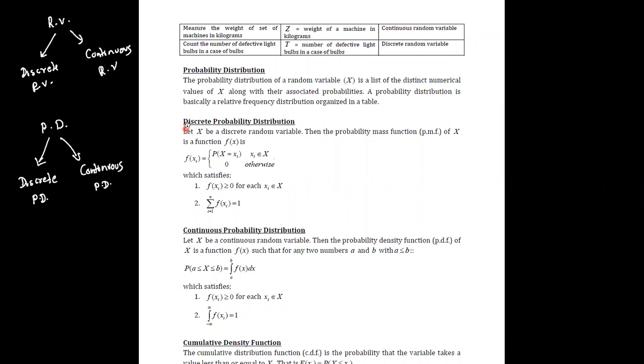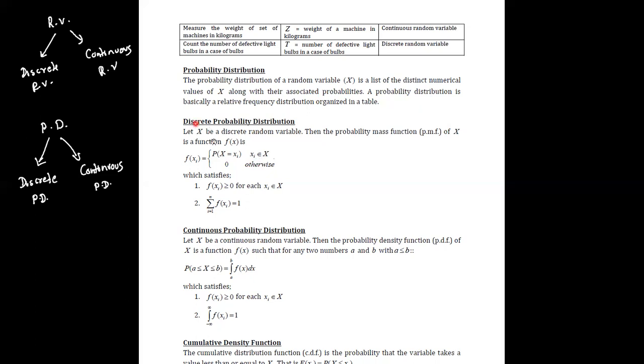First, we will discuss discrete probability distribution and its properties. Here it says: let x be a discrete random variable, then the probability mass function of x is a function f(x), and it is denoted in this form: f(xi) equals P(X equals xi) for the values of xi belonging to the set x, and 0 otherwise.